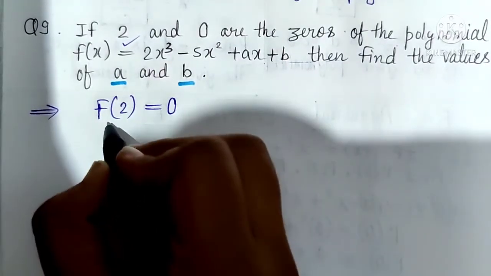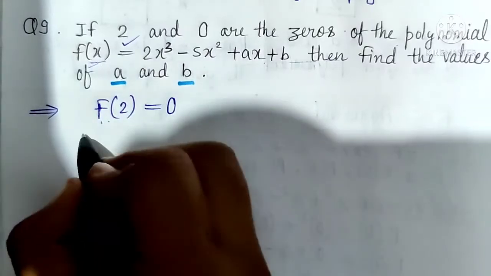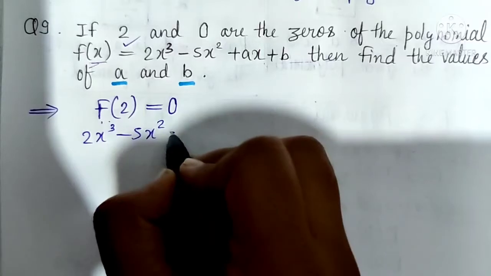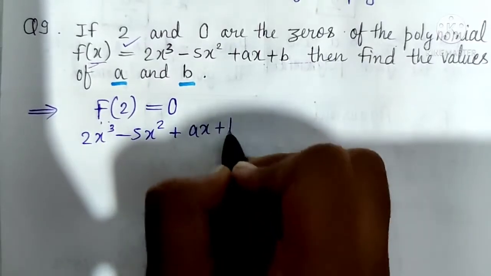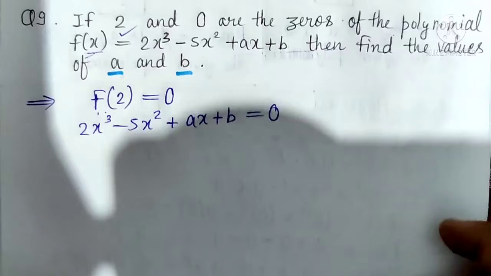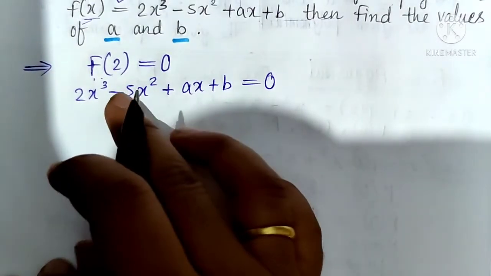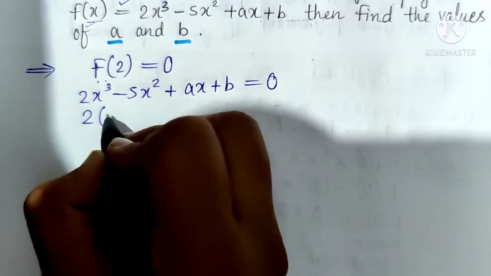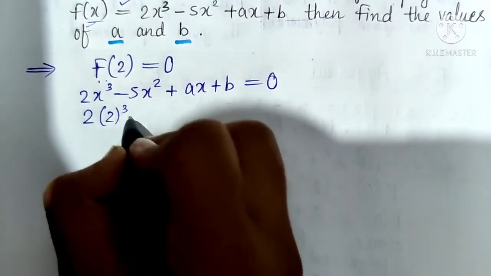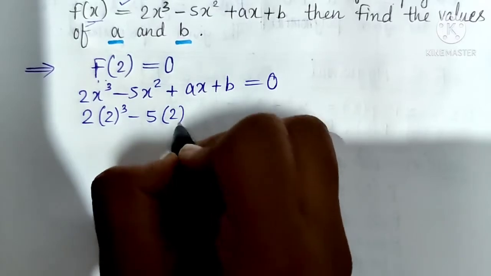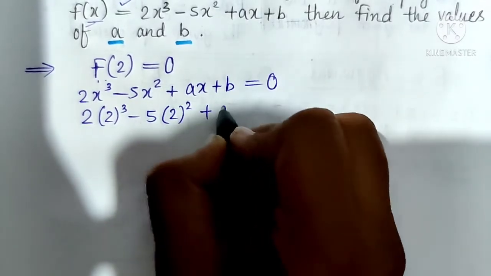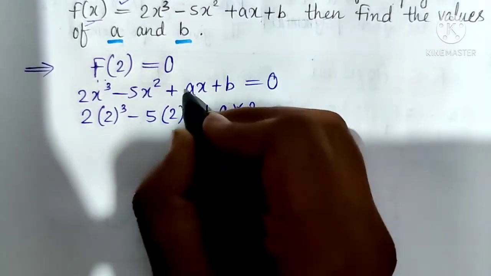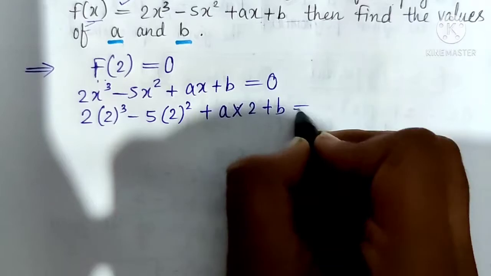So the equation is 2x cube minus 5x square plus ax plus b equals 0. Now wherever x comes, I have to put 2. So 2 multiplied by 2 cube, minus 5 times 2 whole square, plus a multiplied by only 2, plus b, equals 0.